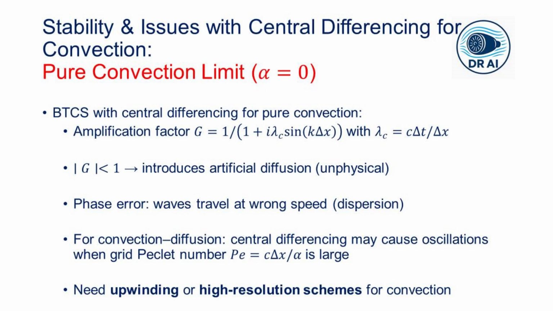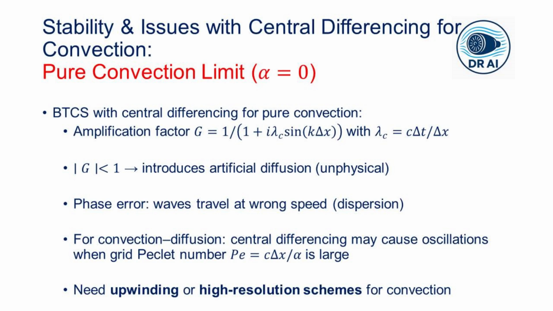In fact, the BTCS scheme for pure convection is unconditionally stable in the sense that the modulus of the amplification factor is always less than or equal to 1 for all values of lambda c. But it's not a good scheme because it is highly diffusive and dispersive.